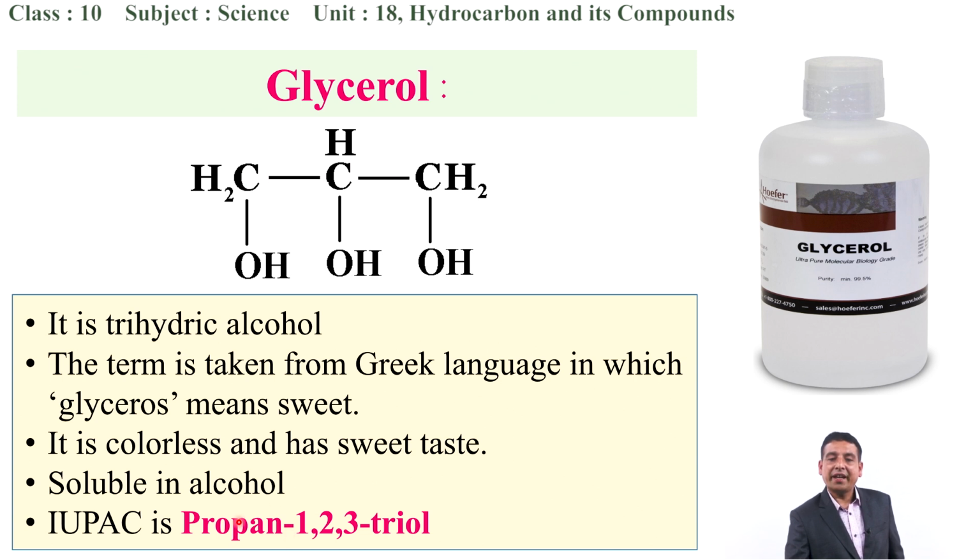So, ane is used, as well as how many hydroxyl groups do you see here? 1, 2, 3. To represent 3, we are using tri. Then these are the alcoholic groups, so the term ol is used. So, collectively the IUPAC name of this glycerol is propane 1, 2, 3 triol. This is the IUPAC name of the glycerol.